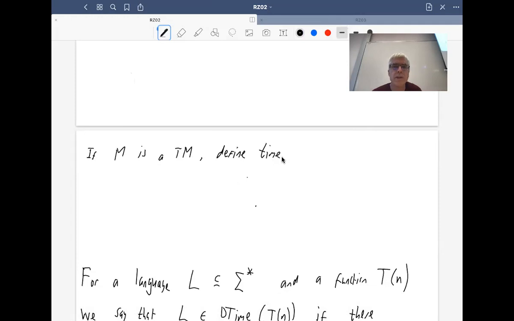I've used this with a little t, time sub n, which is a function on natural numbers. And this is simply the function that counts the number of steps of the slowest Turing machine on it.